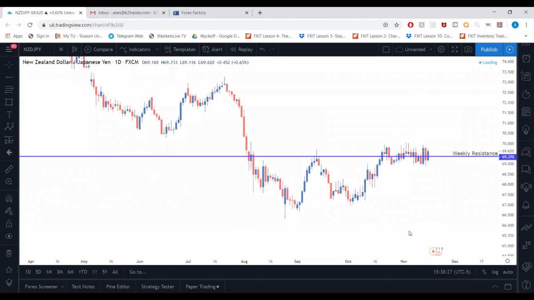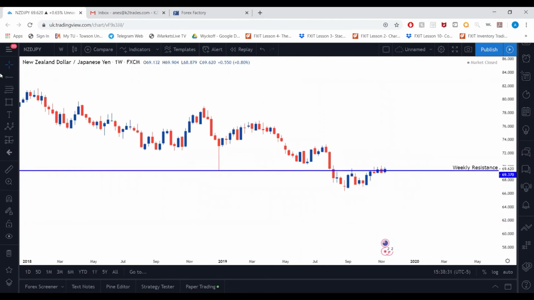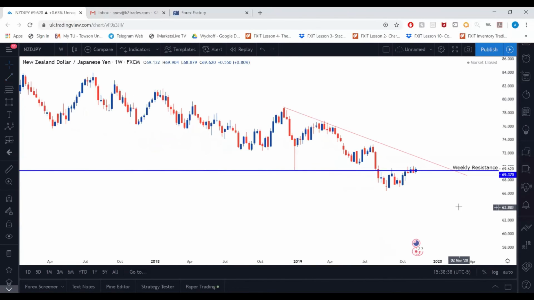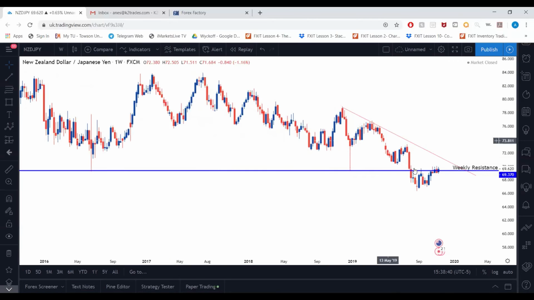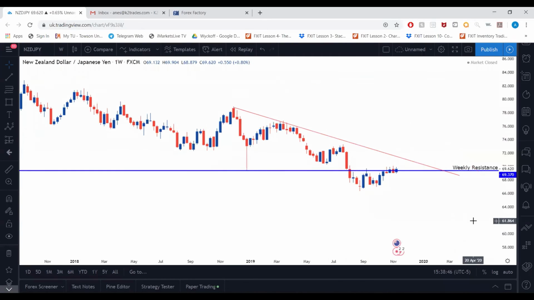And on the weekly, it's still a big bearish trend. Yeah, wow, that's been bearish since July 2017.